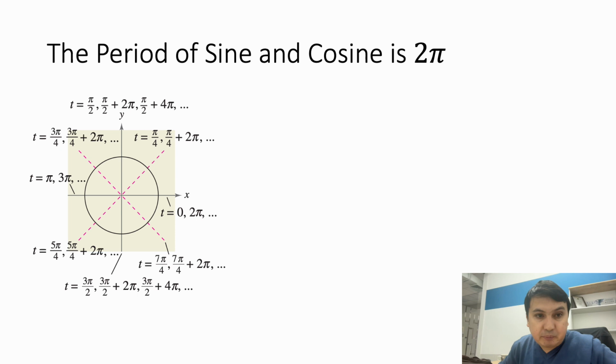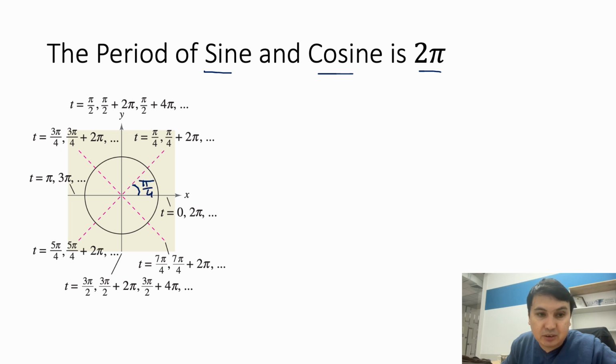Well, how about sine and cosine? In fact, for the others also, they have the period 2 pi. Why is it 2 pi? For example, let's say I'm interested in here, and this is pi over 4. Let's say I calculated sine of pi over 4.